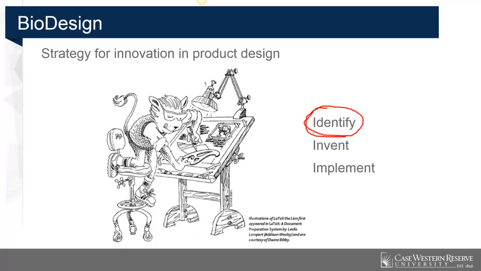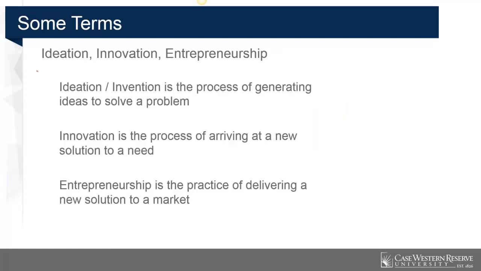Many people who take this course sometimes get a little frustrated because they say, we've talked about need over and over again, and as an engineer, what I want to do is get on with the invent and move on to the implement. But what's been proven over the last 2 decades is that if you shortcut the identification of the proper need, then the invent and implement result in a lot of wasted time. So this is a strategy that's a little unusual relative to classic design.